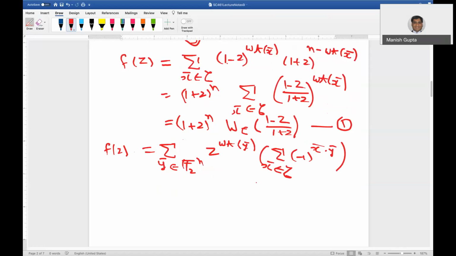Now again using lemma 3, we get a nonzero value only when y belongs to C perp.